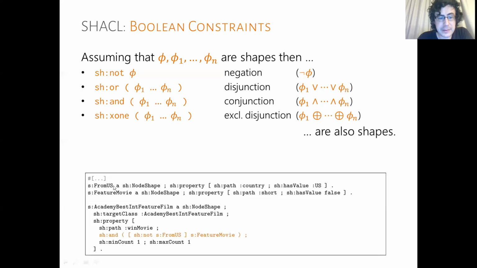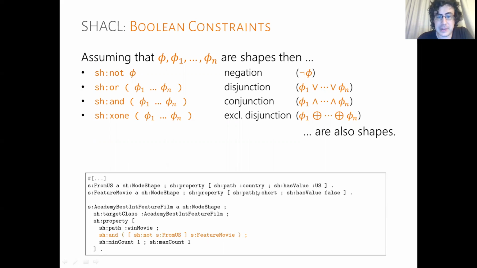So we define up here what it means to be from the US. It means essentially that there is a country. It has the value US on the path country. What does it mean to be a feature movie? It means that the path short has the value false. Okay, so short is false, which means that it's not a short movie.